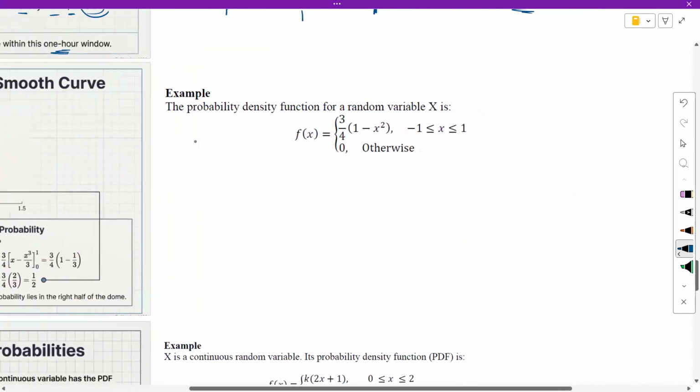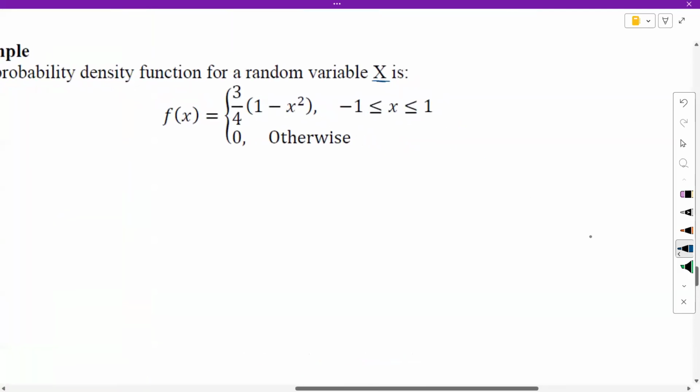The example is this. The probability density function for a random variable x is given here. Look at here. In the earlier, previous example, this part is not given. They give us only this constant k, which has no slope. That's why it's called a uniform distribution function.